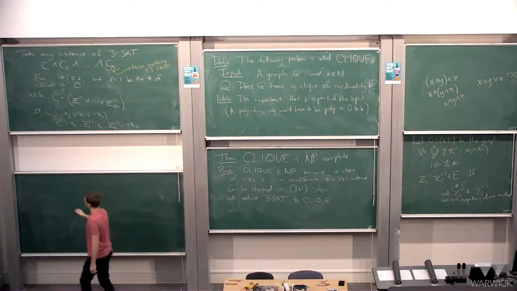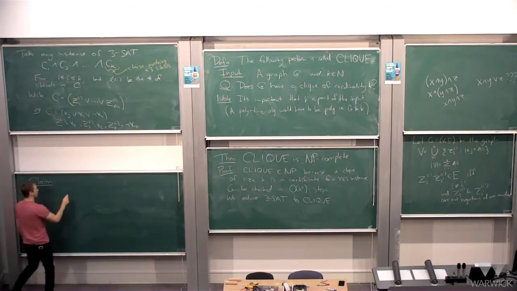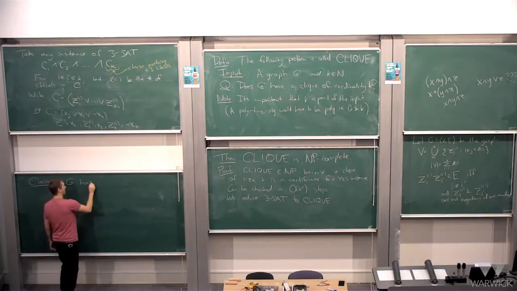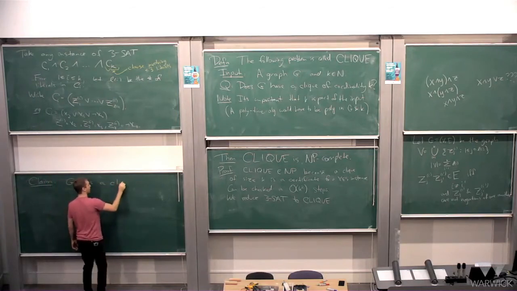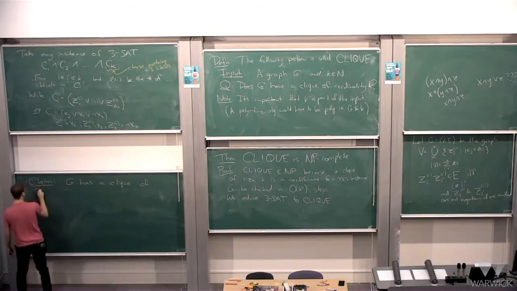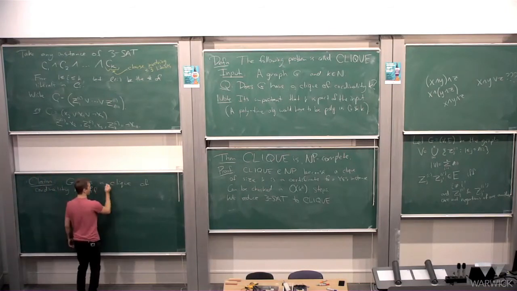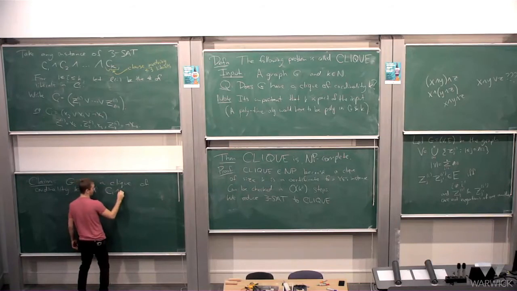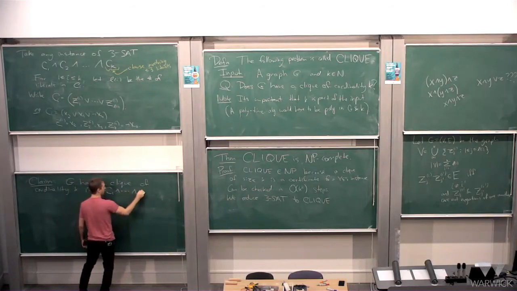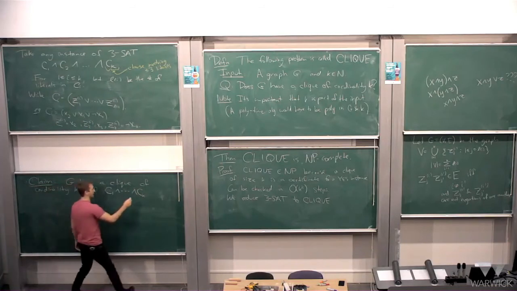But what we claim is that G has a clique of cardinality k if and only if the original SAT Boolean expression, C1 and C2, etc., up to Ck, is satisfiable.